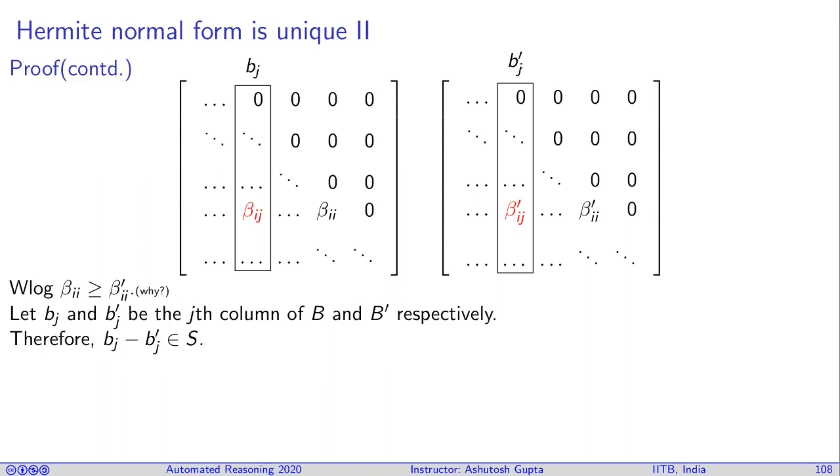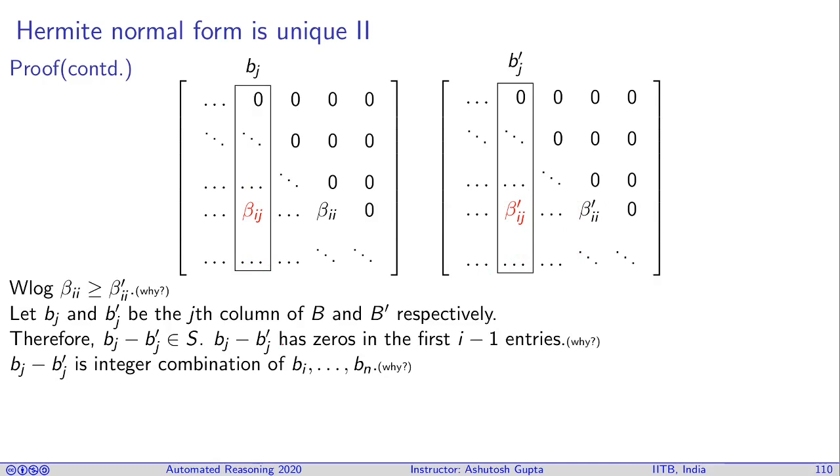Everything above the ith row is the same, so if you subtract them, you produce 0 0 0 0, and only from this point onwards will Bj and B prime j have different non-zero values. So the difference cannot be produced by a linear combination of the vectors before these. Only vectors after this can contribute to produce the difference Bj minus B prime j.